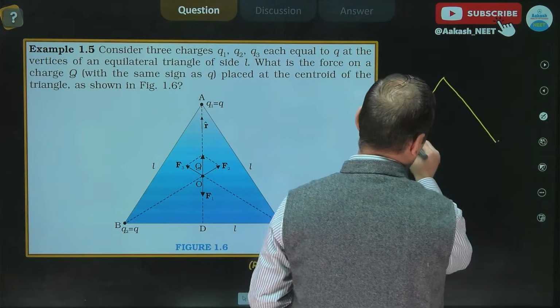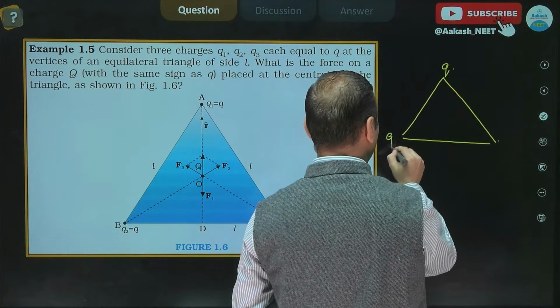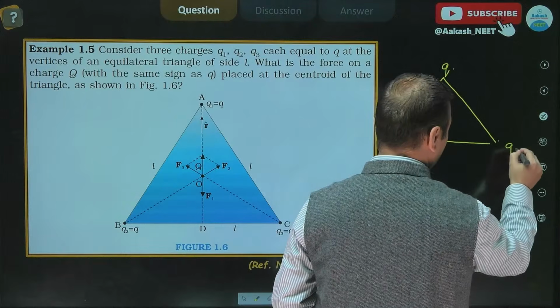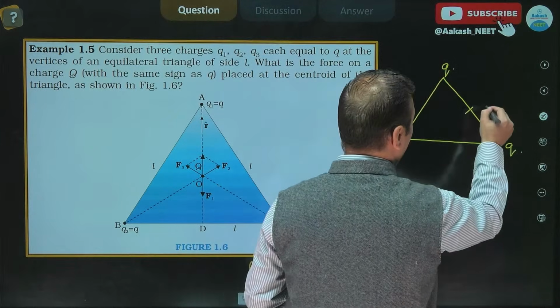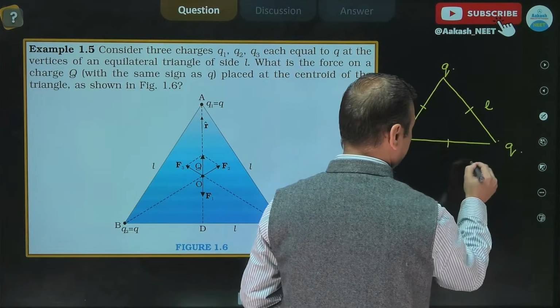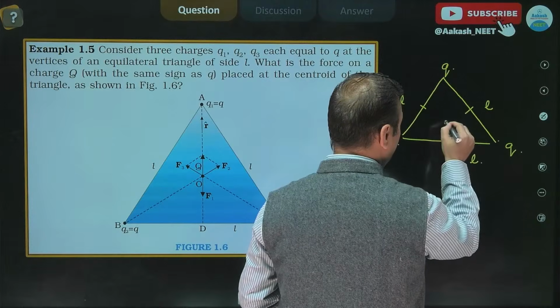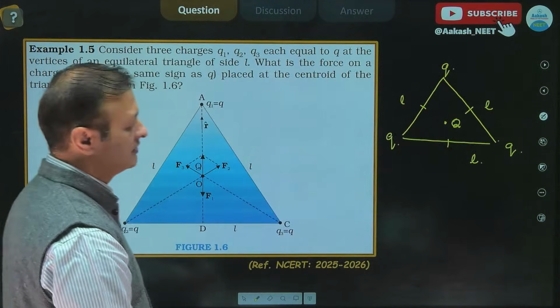So let's draw this configuration again. This is charge q, this is q, and this is q, and this is an equilateral triangle of side L. We have one charge capital Q at the centroid.